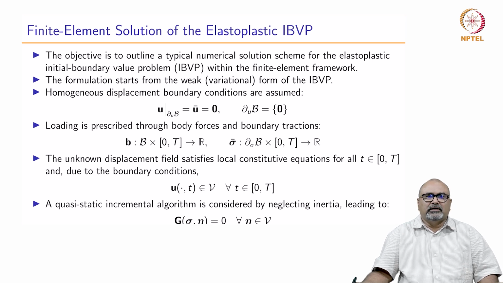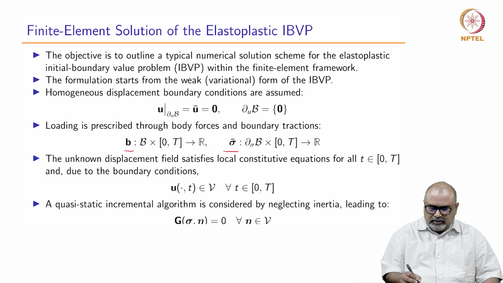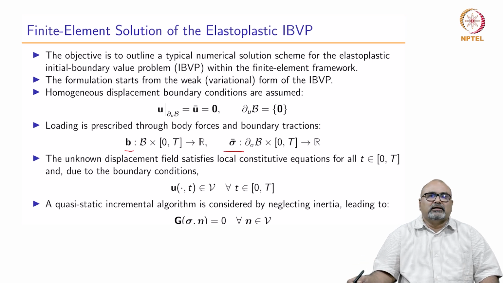So, u is equal to u bar and is equal to 0 on the Dirichlet boundary, and the loading is prescribed through body forces and tractive forces. We can have the body forces and the tractive forces denoted by sigma bar on the Neumann boundary.